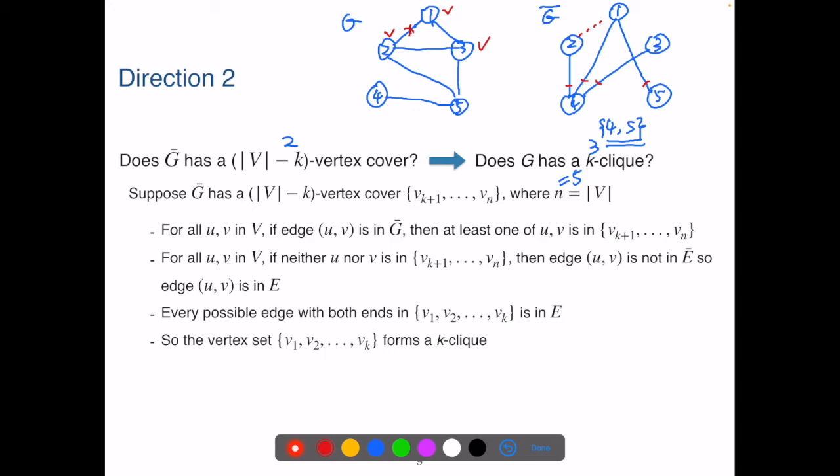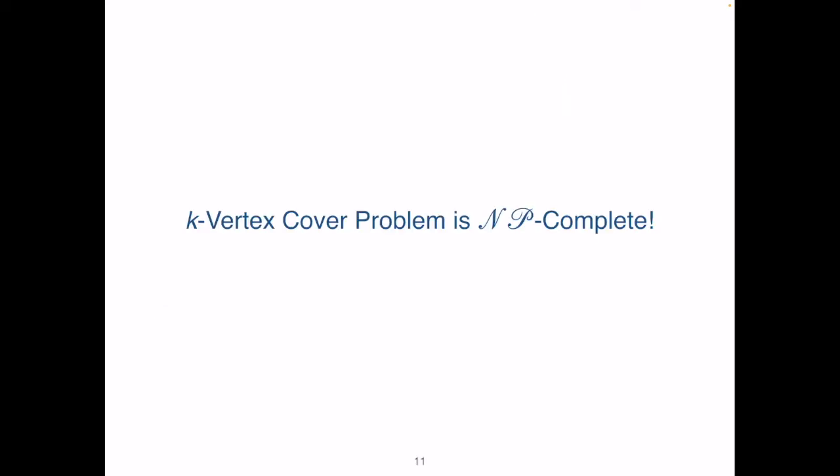So by contradiction, we know that all the nodes that are not in the cover, nodes 1, 2, 3, have to be connected pairwise directly by edges in G. So that's the definition of k-click. So we know nodes 1, 2, and 3 form a click. Now we have proof that k-vertex cover problem is NP-complete.